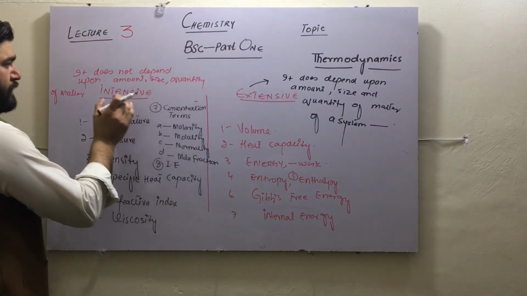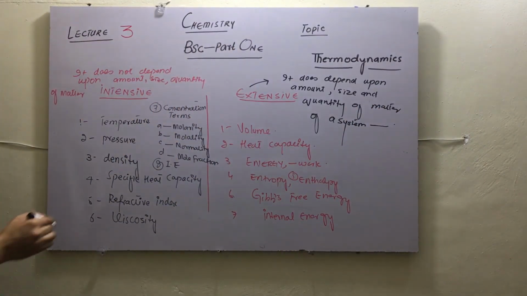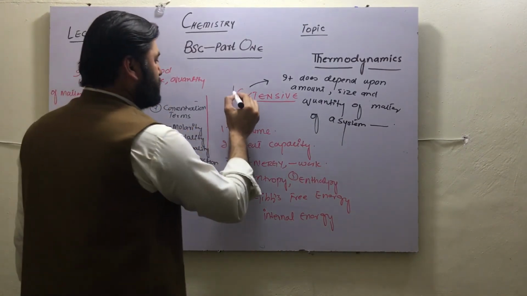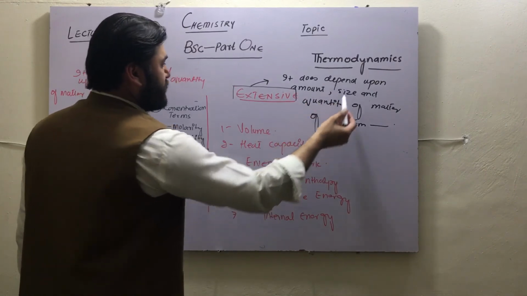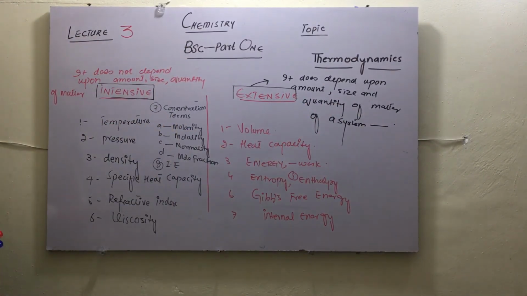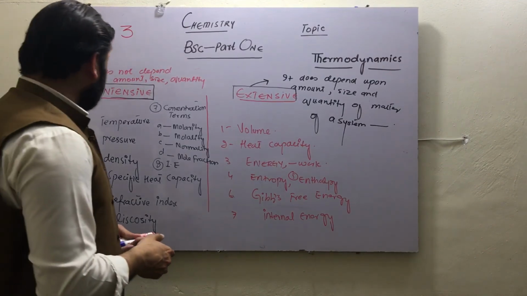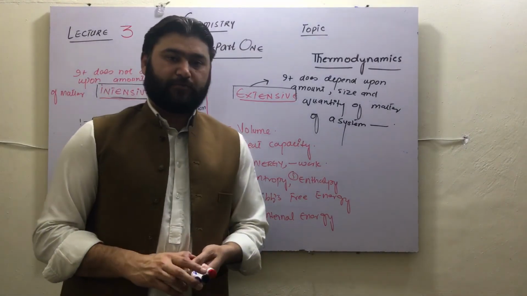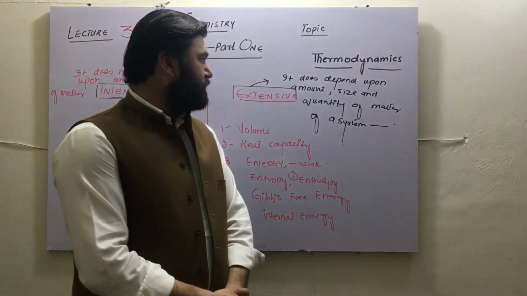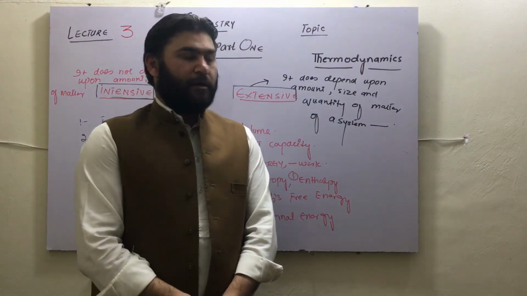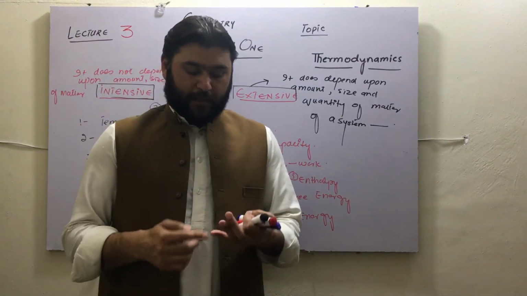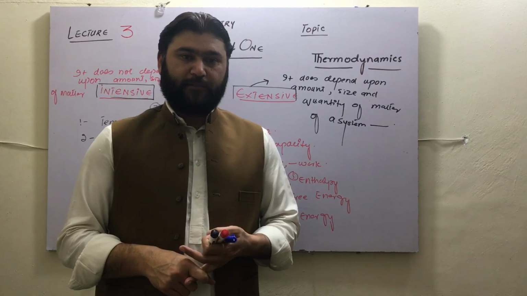Intensive properties are totally independent, and extensive properties are totally dependent upon these three things: size, quantity, and matter. Intensive properties do not depend upon the size, quantity, and amount of substance present in a system. So these are some small topics of thermodynamics. Today we just started lecture number 3, and in lecture number 3 we discussed extensive and intensive properties.